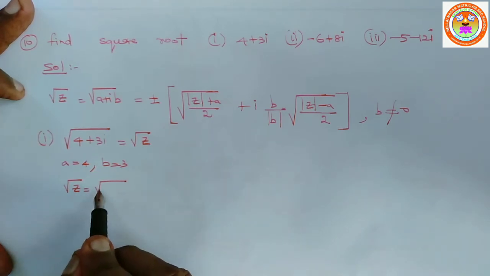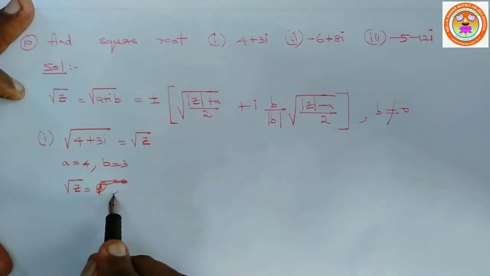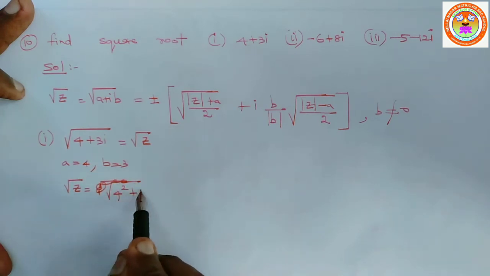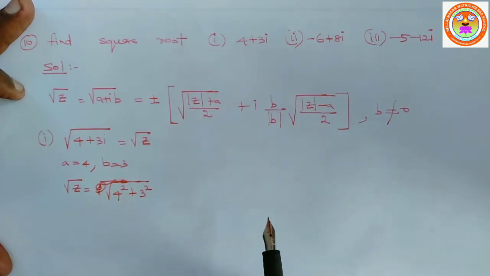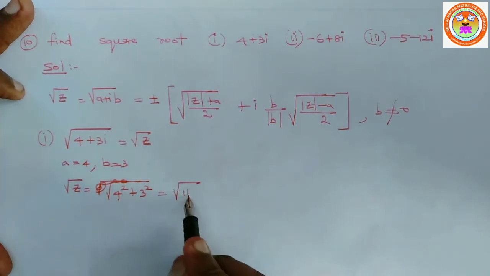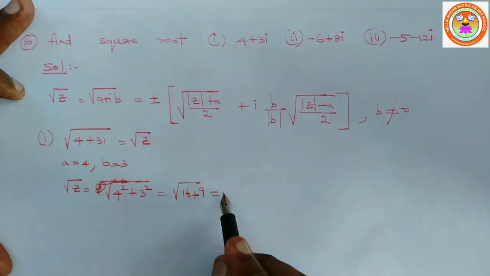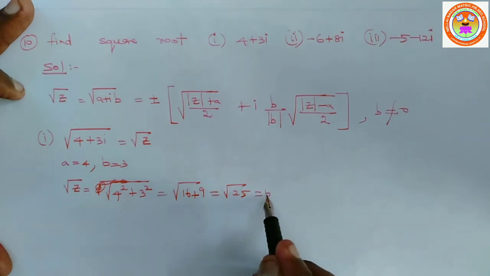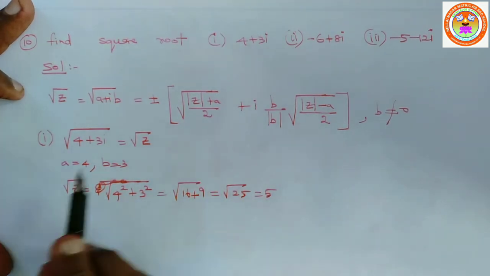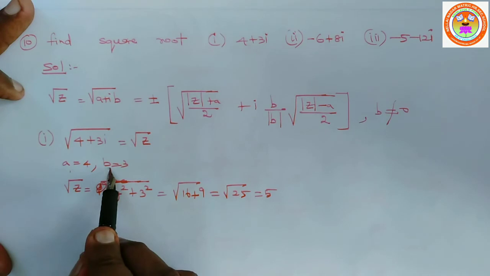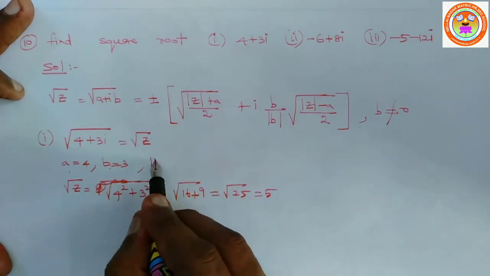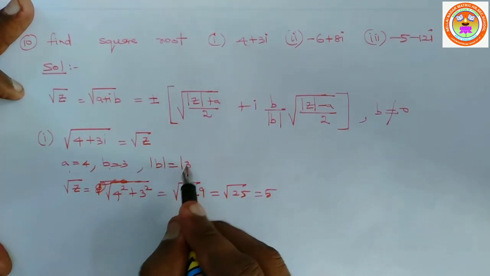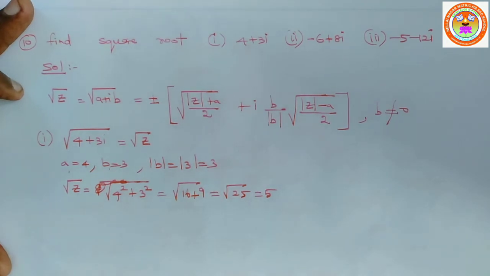Nothing but I can use modulus. Modulus of z is nothing but 4 square plus 3 square. What is 4 square? 16. 3 square is 9. Square root of 25, which gives 5. A is 4, B is 3, and modulus of b, modulus of 3, is also 3 only.